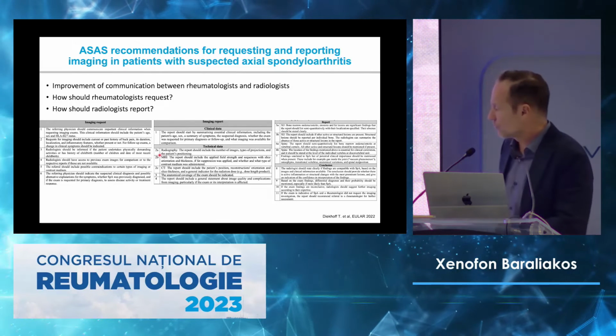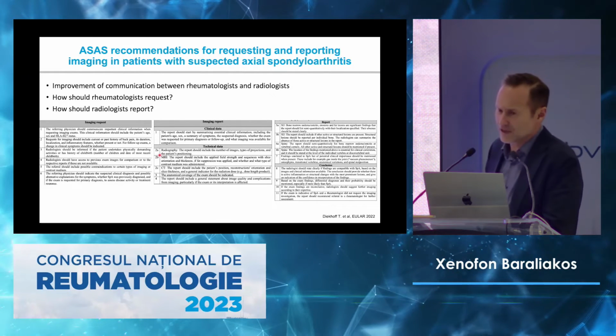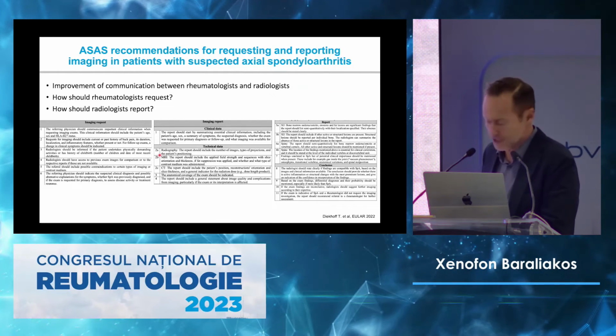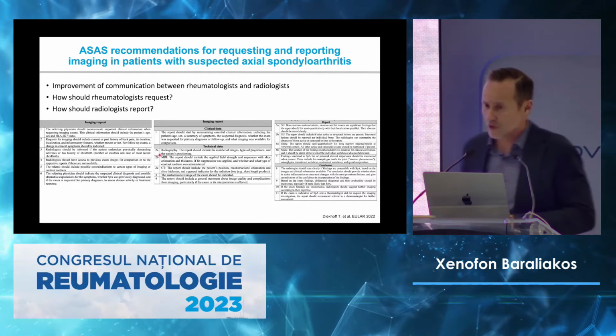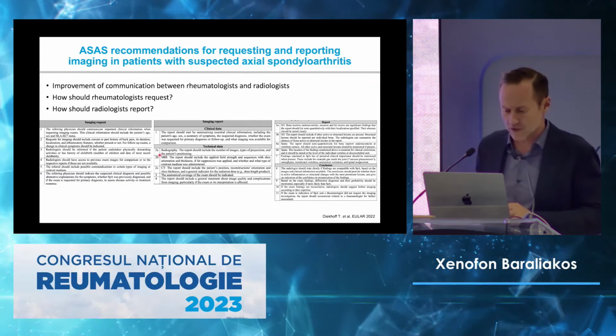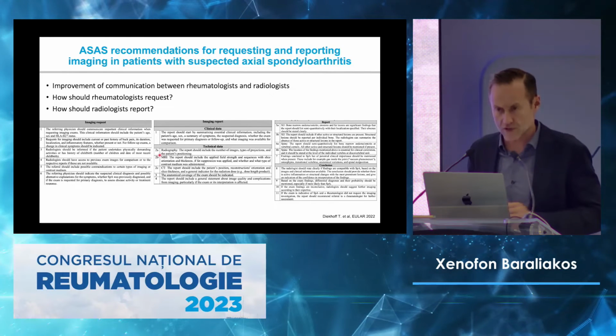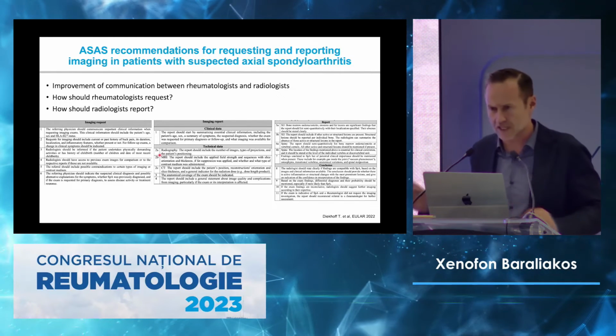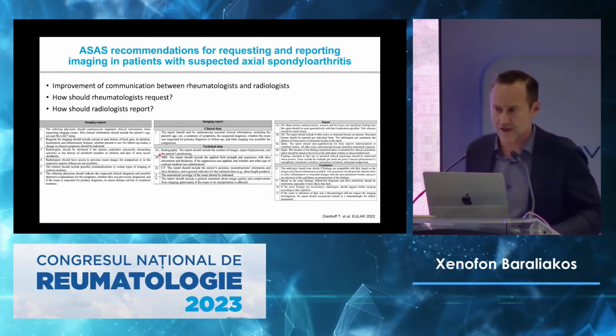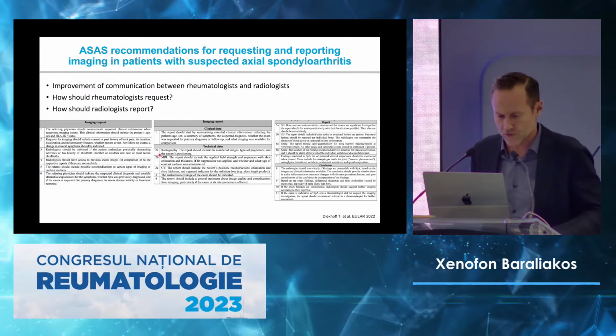One thing that you will see relatively soon coming out as a publication is this one, where we have performed a study and have tried to improve the communication between rheumatologists and radiologists. I know this is small letters, it's not easy to read. You don't have to read it, in fact. It will come out as a full publication.